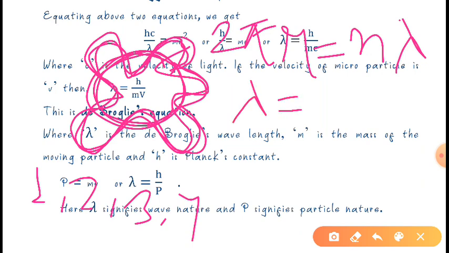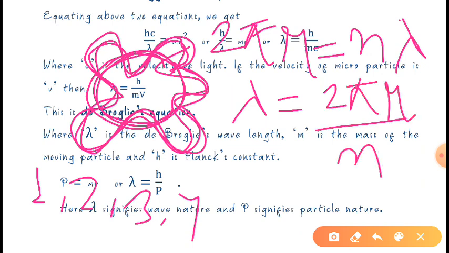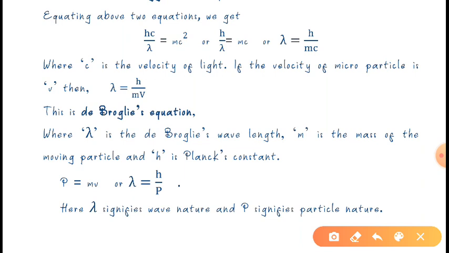Lambda is equal to 2 pi r by n, right? So what we have got here is 2 pi r equal to n lambda. Here n is an integer, and lambda is the wavelength.